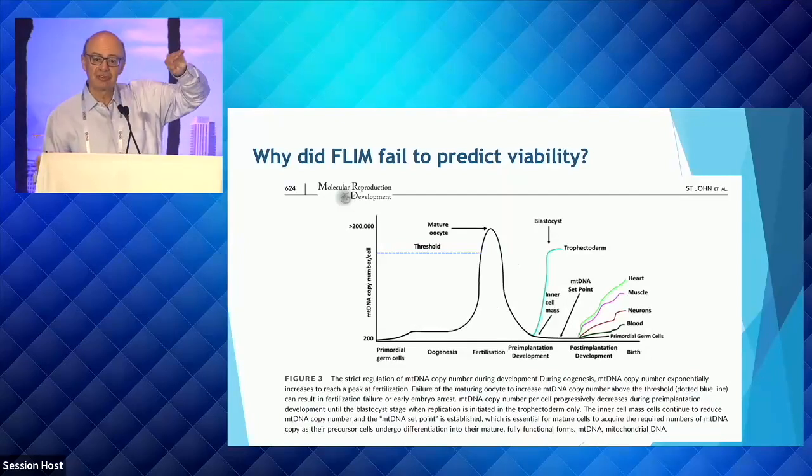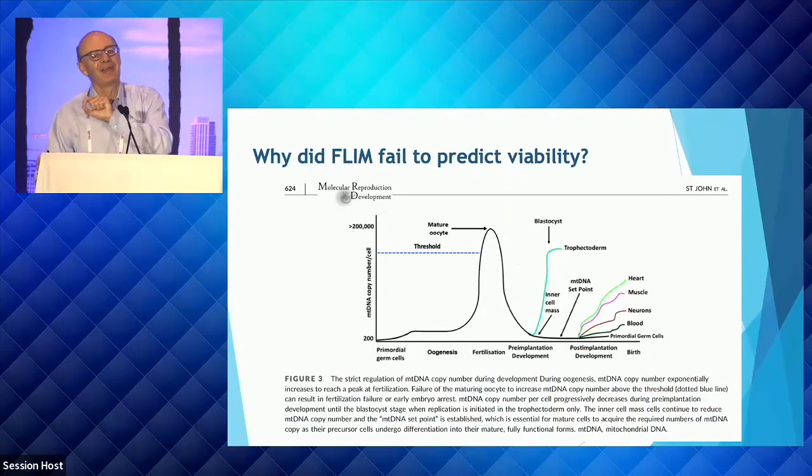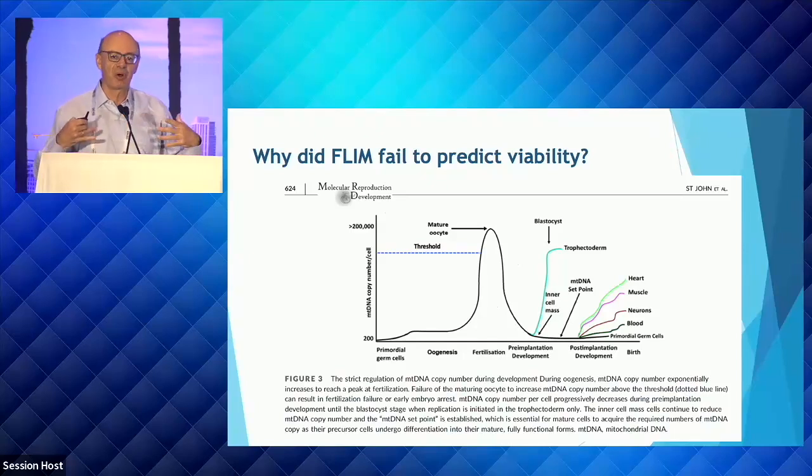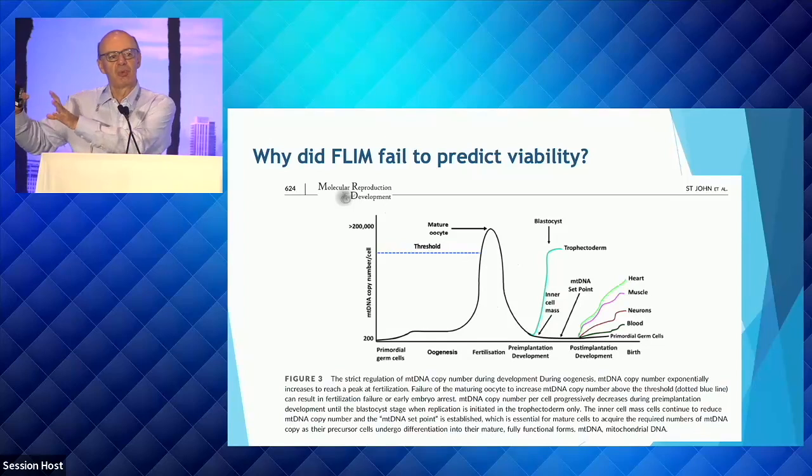They decrease, they decrease, they decrease, and around the late blastocyst stage, during peri-implantation, there's actually a switch, and you start getting biosynthesis of new mitochondria, which is what makes up our body, what we're all walking around with, basically. So the mitochondria we measure in the embryo is very different from what is going on post-implantation.